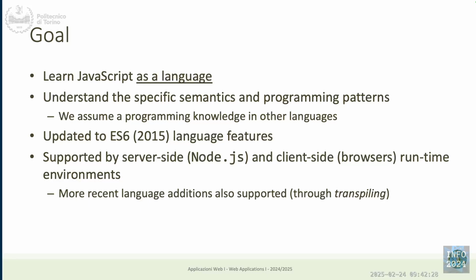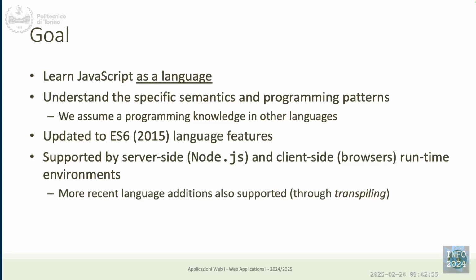And there are a lot of libraries and solutions for so-called transpiling. So taking some JavaScript code which is written with the latest features and translating it to other JavaScript code, not to binary, that doesn't use those new features and implements them with an older version of the language.